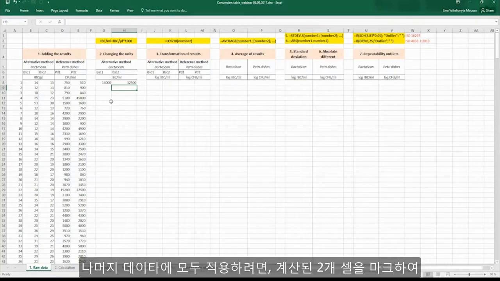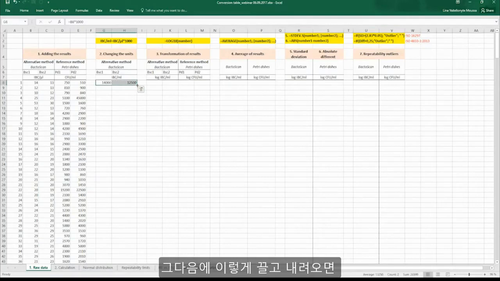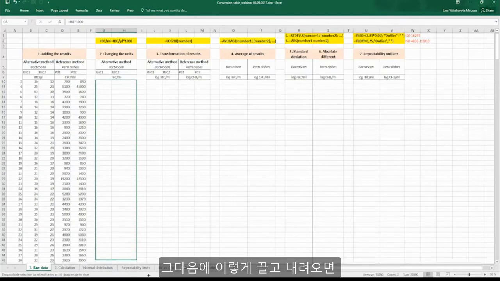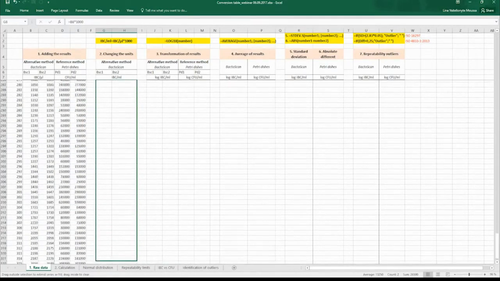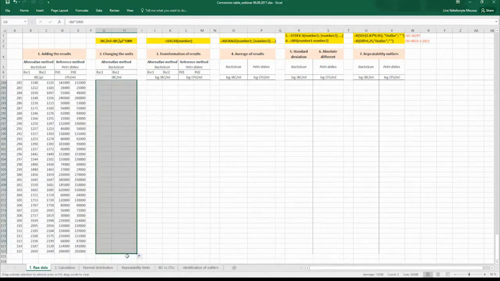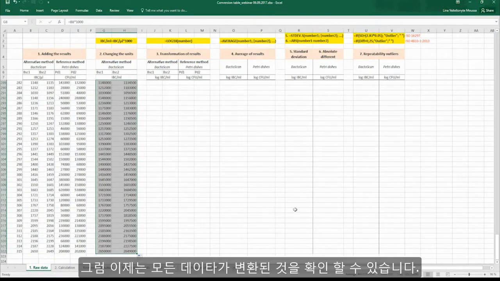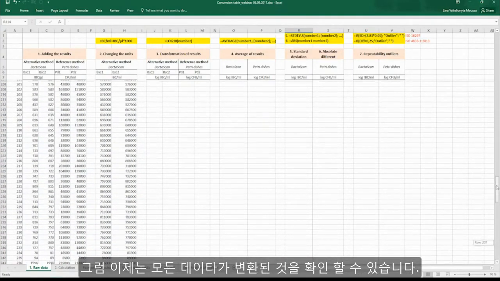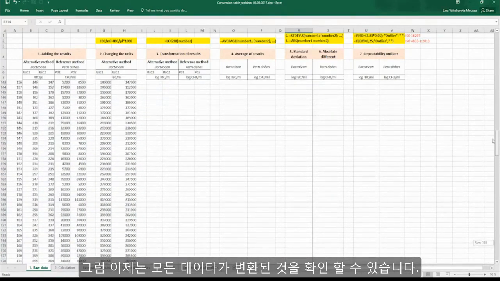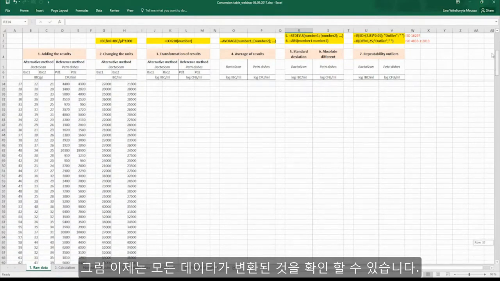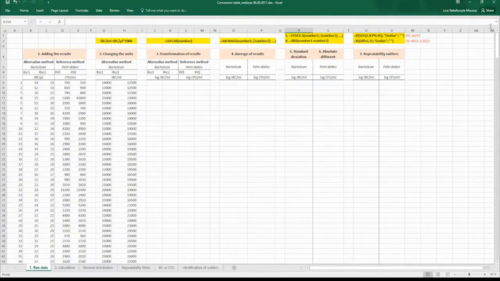To copy this formula for the rest of the data, just mark the 2 calculated cells and drag it down. So now all data have been recalculated from IBC per microliter to IBC per milliliter.